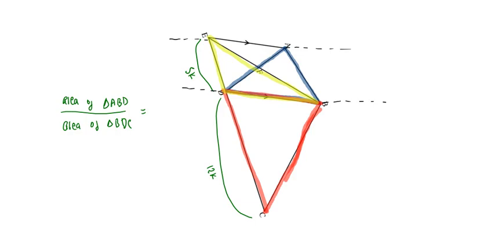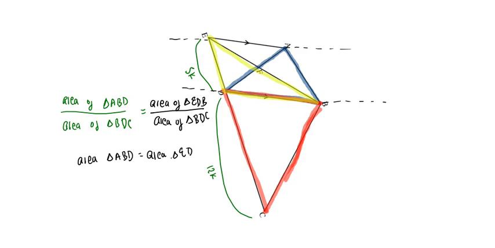So we can therefore say that this is the same as saying area of triangle EDB over the area of triangle BDC. And why are we saying that? This is because the area of triangle ABD is equal to the area of triangle EDB.